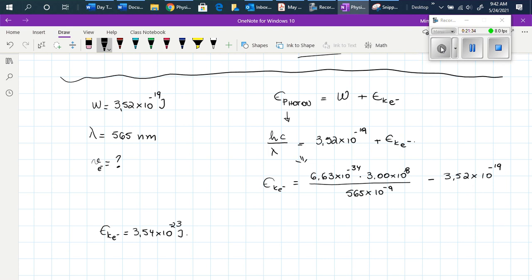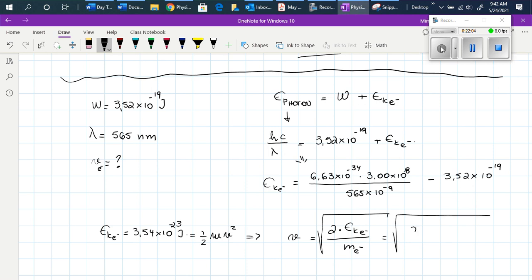Now, on the other hand, what we know is that electrons are particles, like objects with a mass that are moving. Therefore, the kinetic energy is 1/2 the mass of the electron times v squared. So from here, the speed of the electron will be the square root of 2 times the kinetic energy of the electron over the mass of the electron. In this case it will be the square root of 2 times 3.54 times 10 to the power of negative 23 over 9.11 times 10 to the power of negative 31.